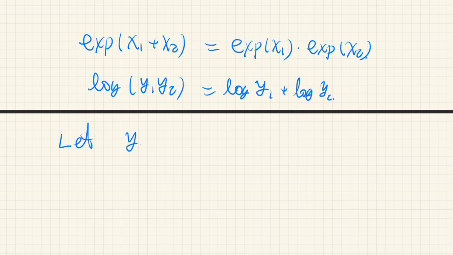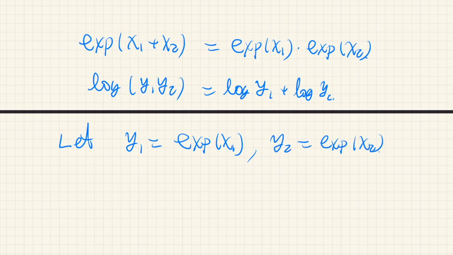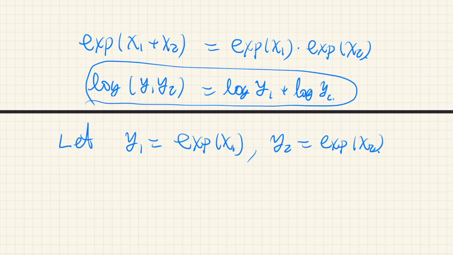Let y1 be exponential of x1 and y2 be exponential of x2. So using this equality, we have log of y1 y2 is equal to log of y1 plus log of y2.